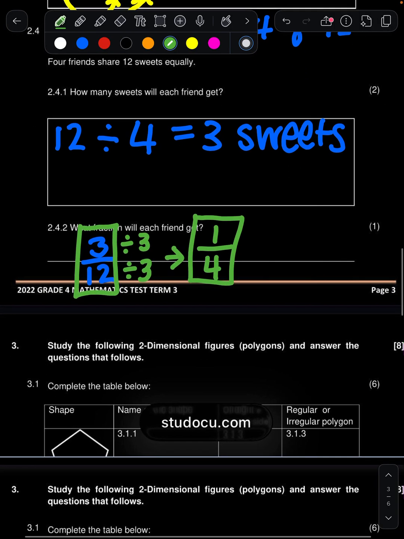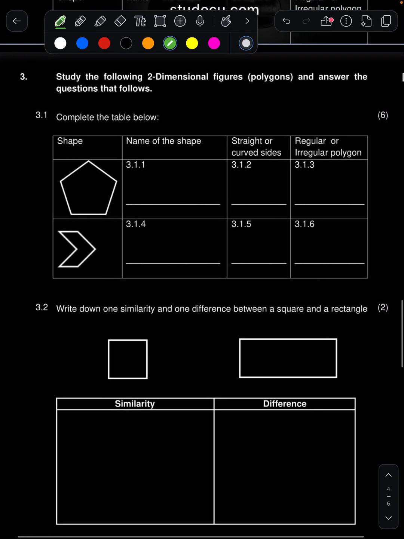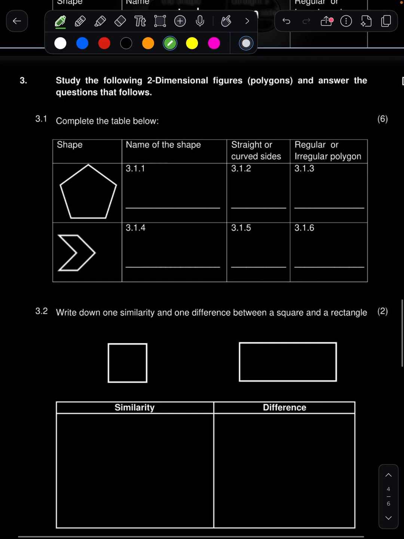Question 3. Study the following 2-dimensional figures or polygons and answer the questions that follow. So this first shape, let's see, how many sides does it have? It's got 1, 2, 3, 4, 5 sides. So 5 sides means it is a pentagon.